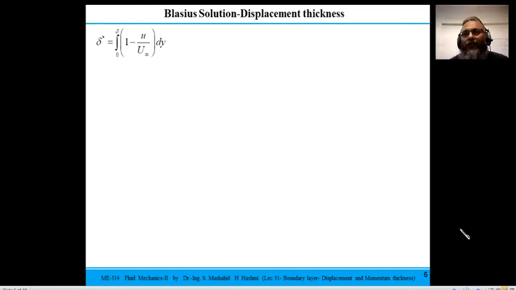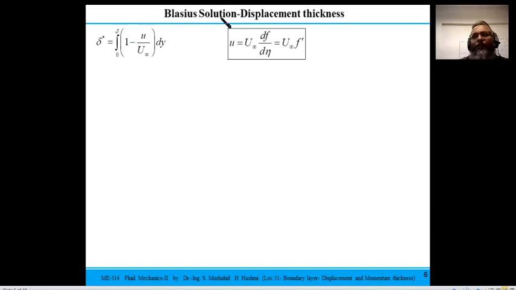And from your Blasius solution, we know that u over u infinity is the first derivative of that function with respect to the eta variable, and the eta variable is defined in this manner, where y is the vertical distance, which is eta times the square root of kinematic viscosity times horizontal distance.